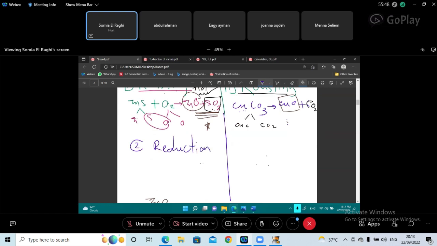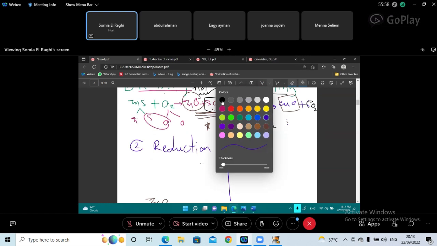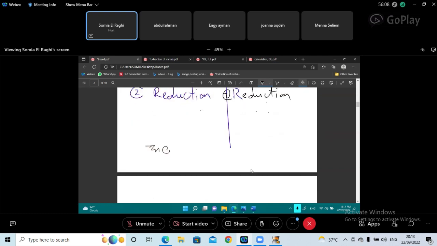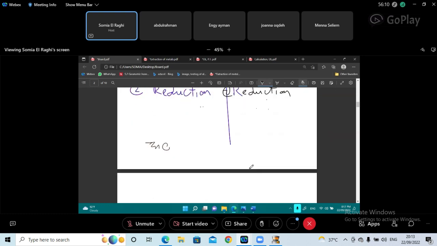Reduction, for the moment, yes, exactly, we can say coke or even carbon monoxide. I will give you 2 choices. You can write down both options. So next step again for copper, reduction. So roasting and then reduction. I have here zinc oxide.